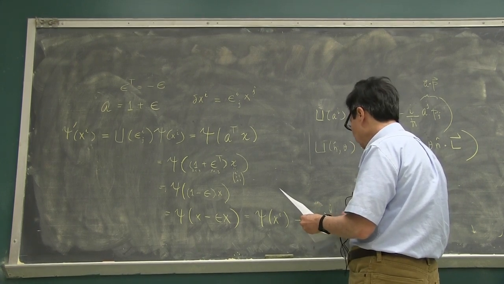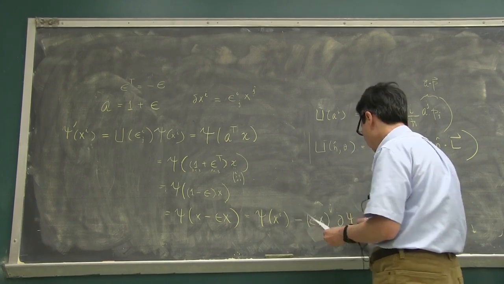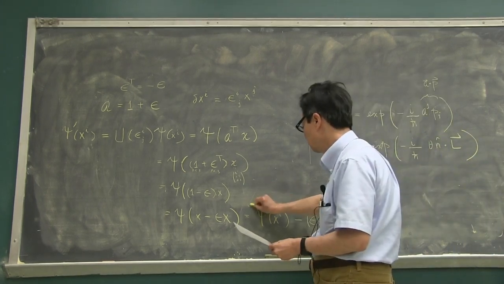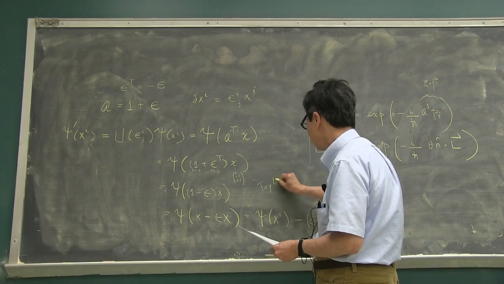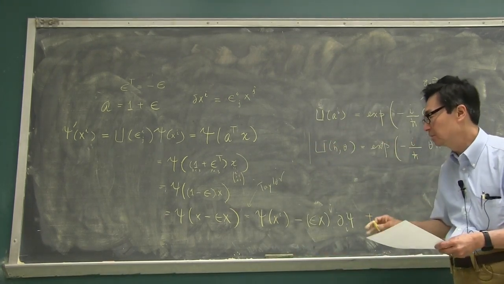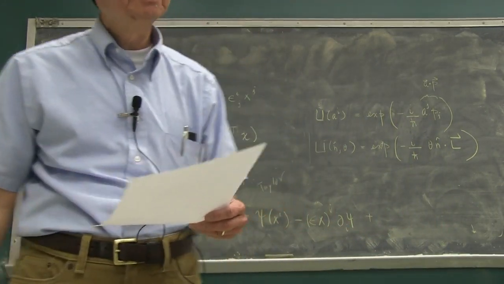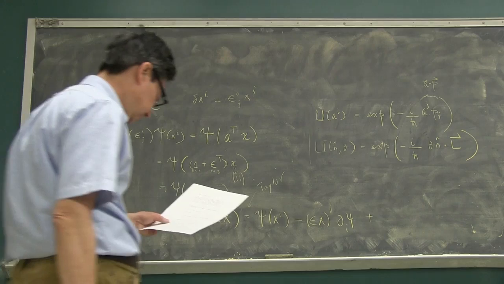And the Taylor's expansion, the first term involves taking the first derivative of psi like that. So this step is Taylor's expansion, plus higher order terms, which we're going to ignore because we're just dealing with an infinitesimal rotation at this point. Okay?